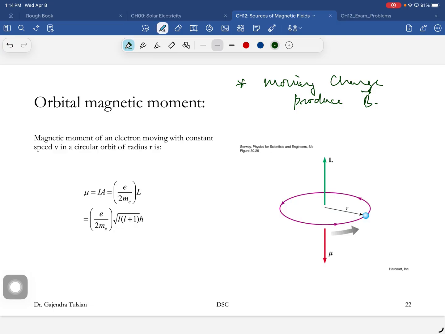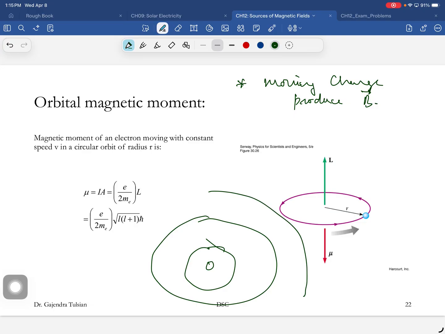Electrons are charged particles, and they're moving, and so they should produce magnetic fields. Okay, so a simple model is, here's a nucleus. And this is n equal to 1 orbital, n equal to 2 orbital, n equal to 3 orbitals, and so on. That's the quantum number, and the n refers to the angular momentum is n h bar.